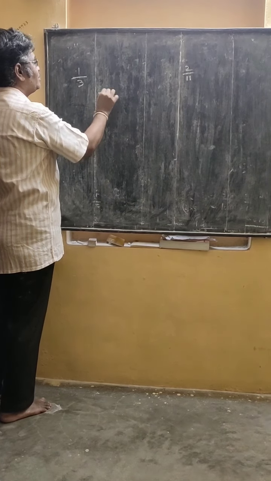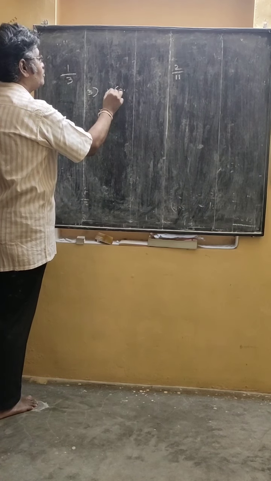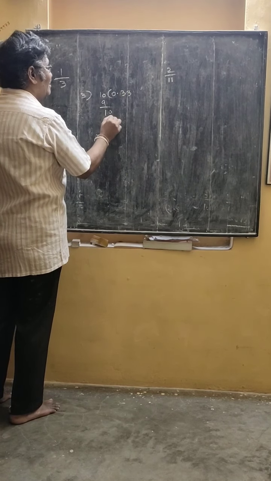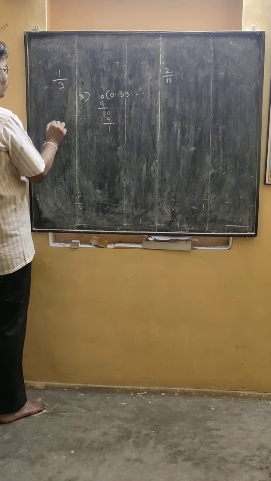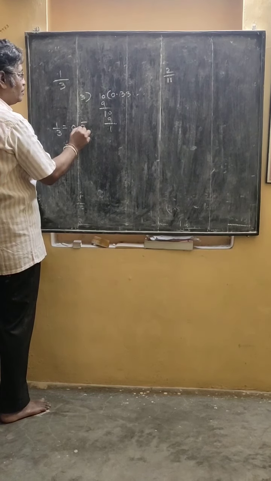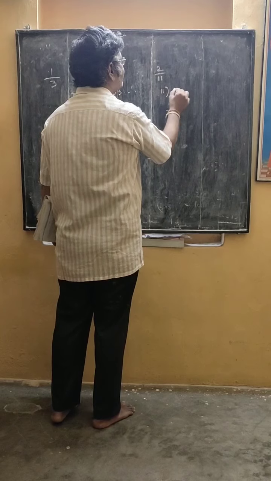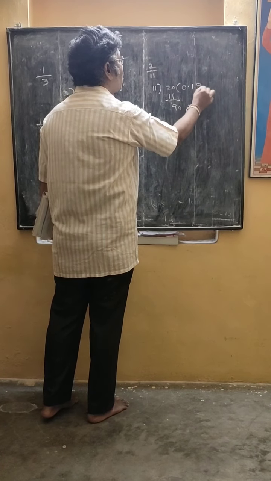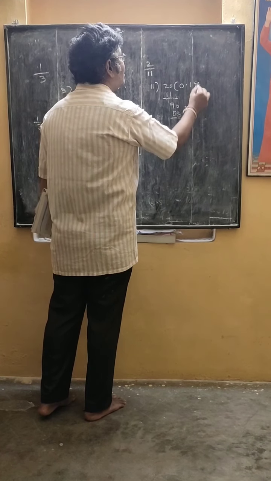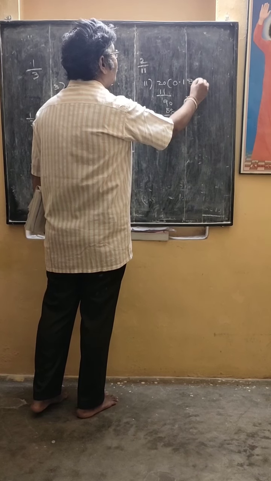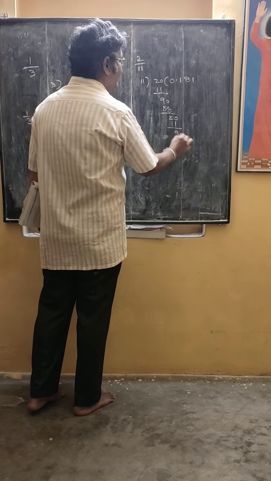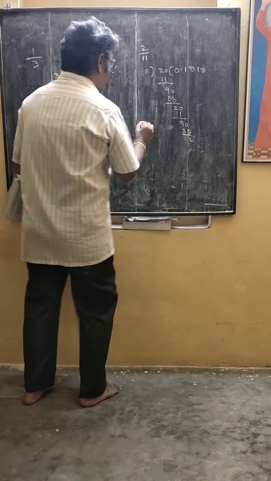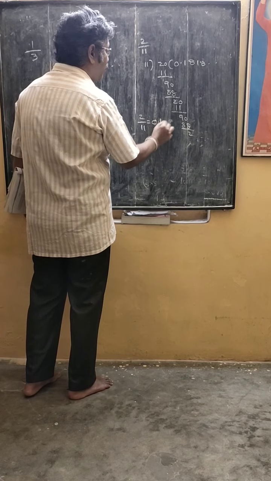By division, 1 by 3 can be written as 0.3 bar, and 2 by 11 can be written as 0.18 bar.